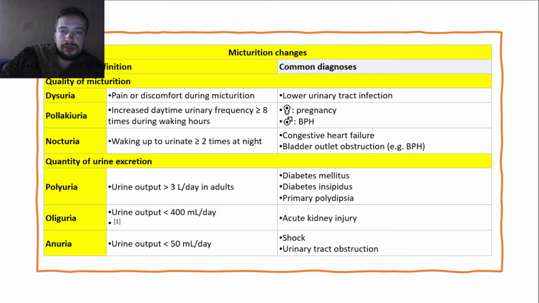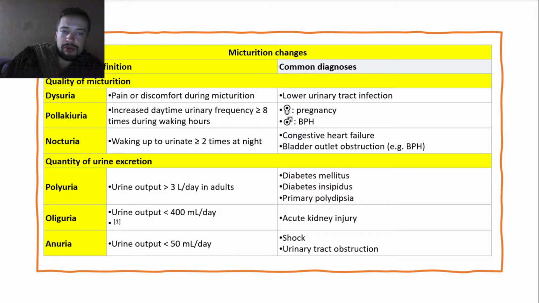There you see a table with some definitions, common diagnoses, and some signs. When we talk about dysuria, we talk about pain or discomfort during micturition, and we will see a lower urinary tract infection.